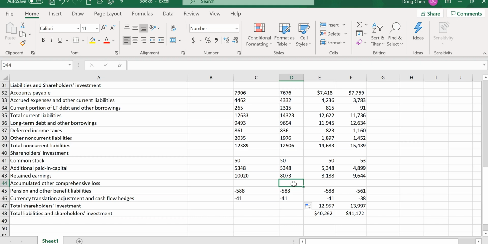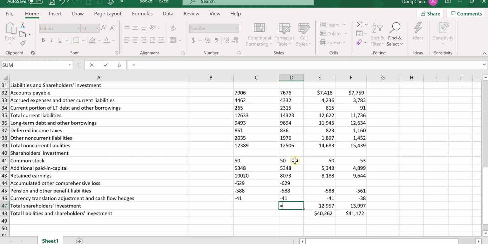So accumulated other comprehensive loss will be the sum of these two numbers, basically. And total shareholders investment is going to be the sum of common stock and additional paid-in capital and retained earnings, and finally this accumulated other comprehensive loss.